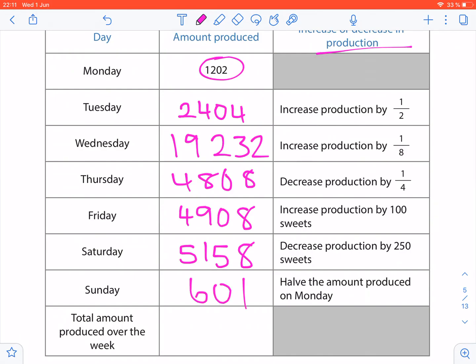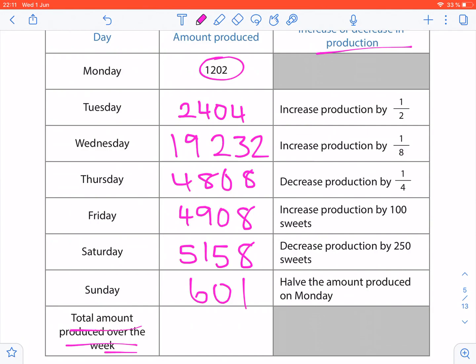And then we need to add this all up to give the total amount produced over the week. So I know you can all do this, but for speed, I'm going to quickly do it on my calculator. Otherwise, if I try and do it by hand, it's going to take a long time.